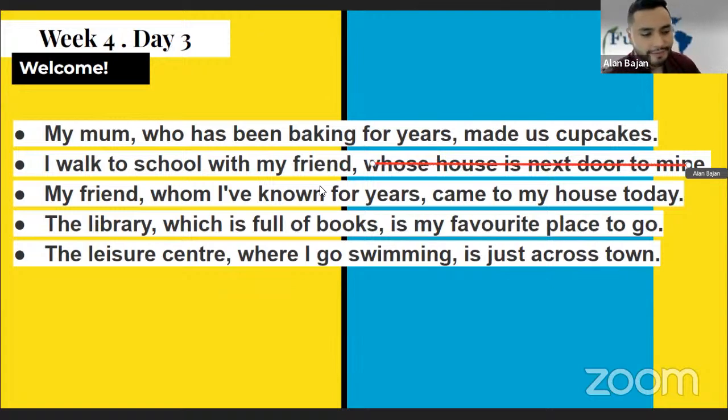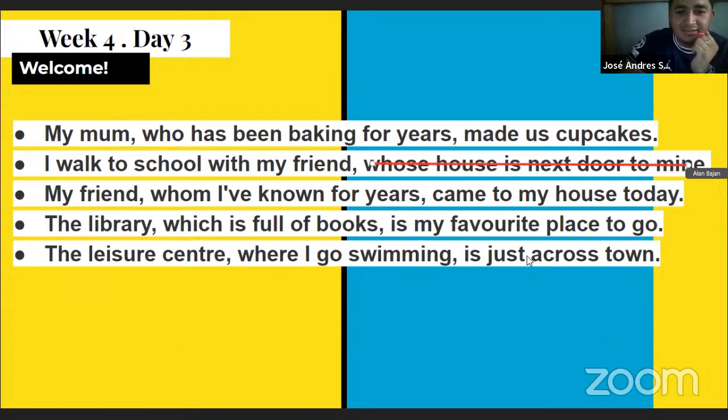But what is the function of a defining or non-defining clause? It describes the subject with more characteristics, gives more details about the subject. That's the function in general of relative clauses. José Andrés? I only have a question. Is this used normally in normal conversation or not?